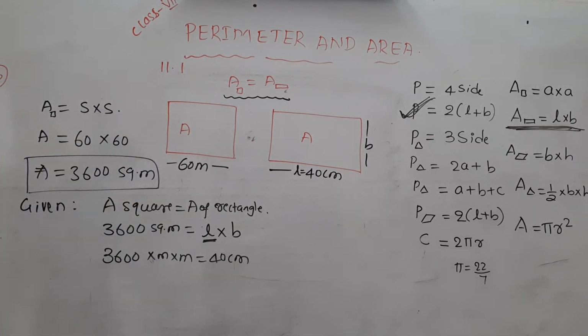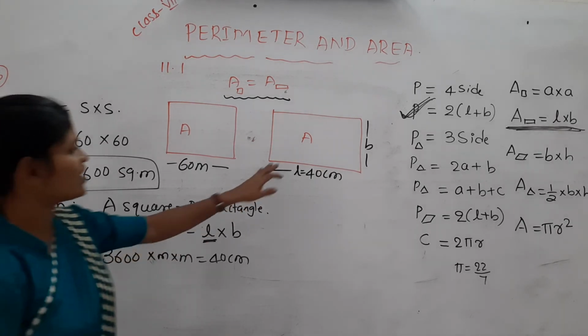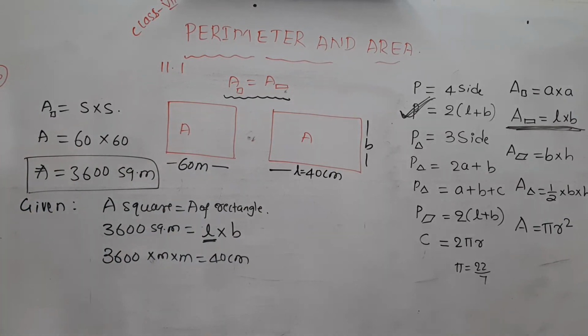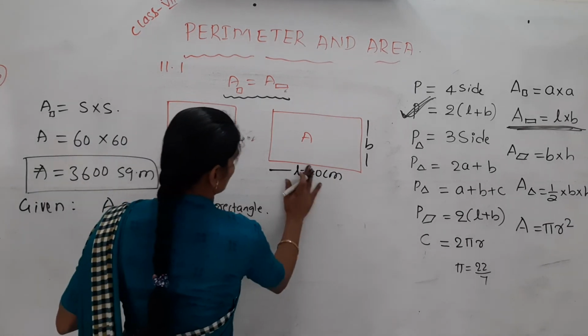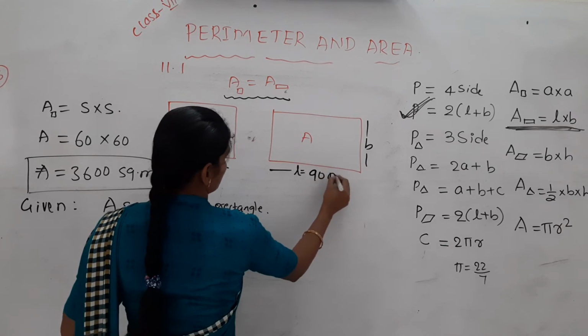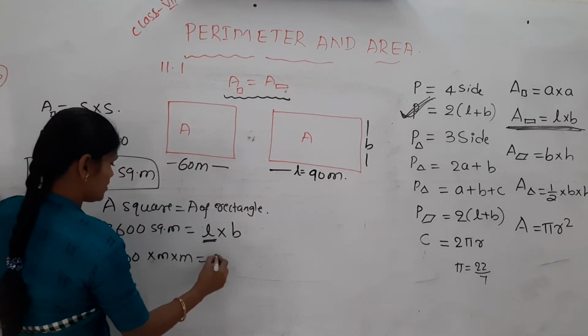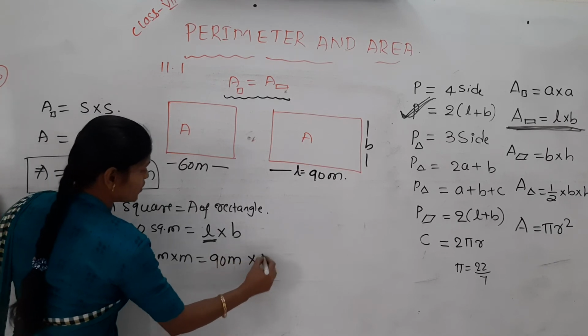The length of the rectangular park is 90 meter. So 3600 equals 90 meter into breadth.